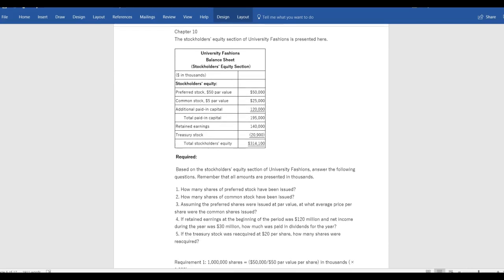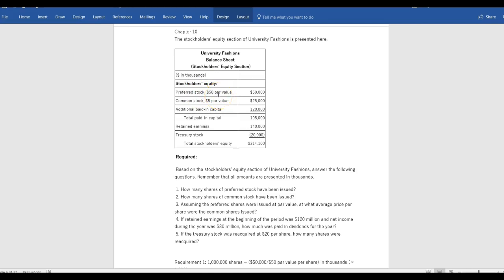Next, this chapter 10 requires you to understand various information in the balance sheet. So you see here that it says the preferred stock is at $50 par value.